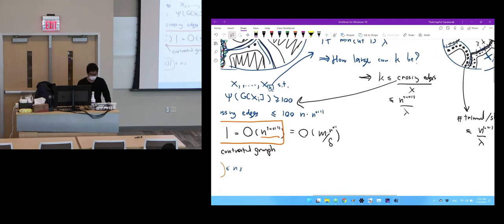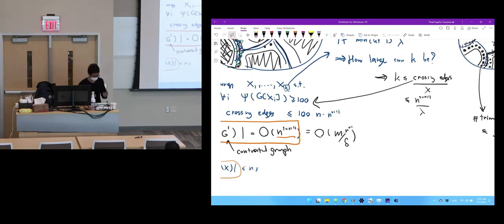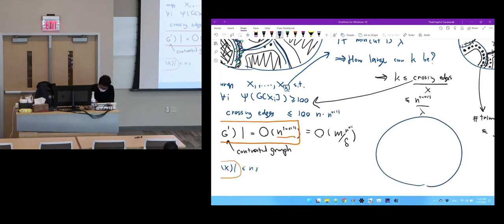Okay. Yeah, I think so, let's try to do it together. Forget what I said just a moment ago, sorry about that. It's like this. Look at this graph G, and let's say this is the expander decomposition.